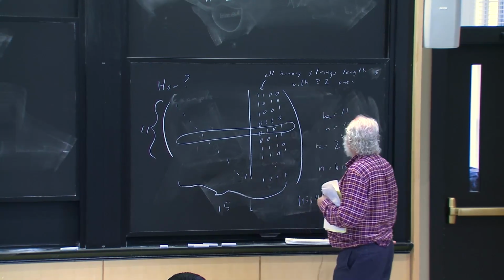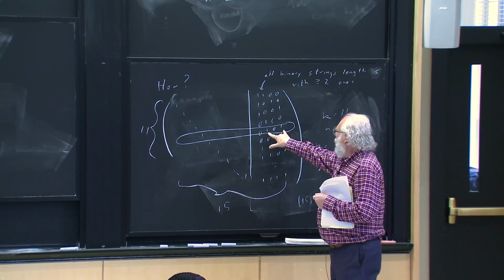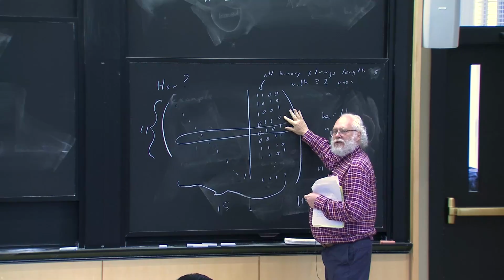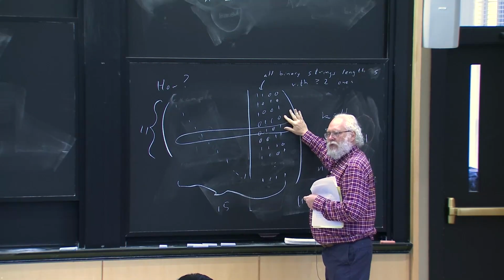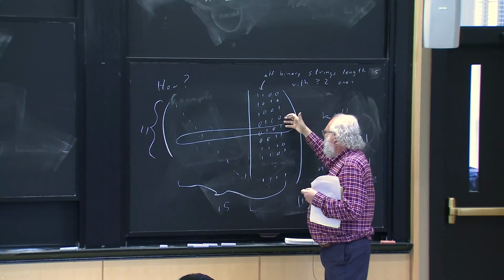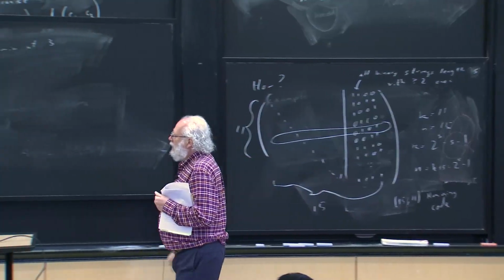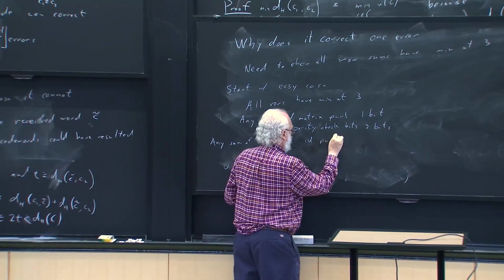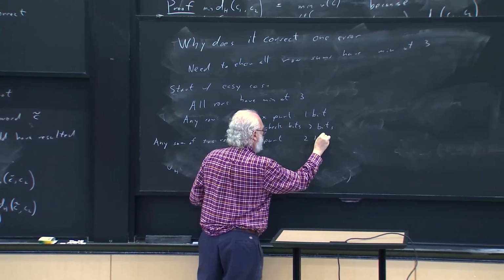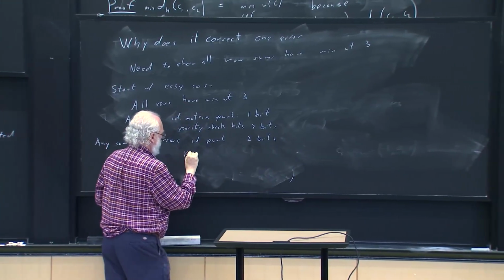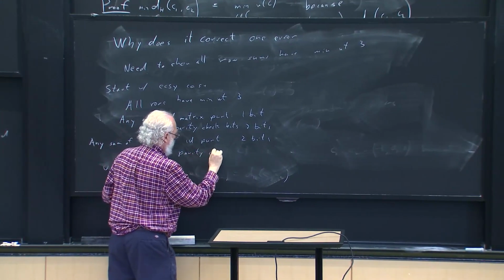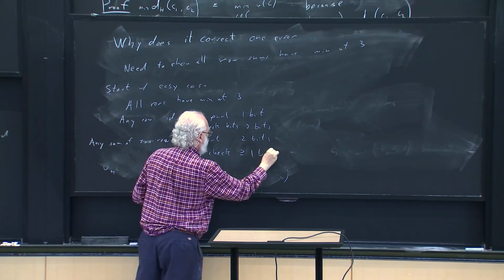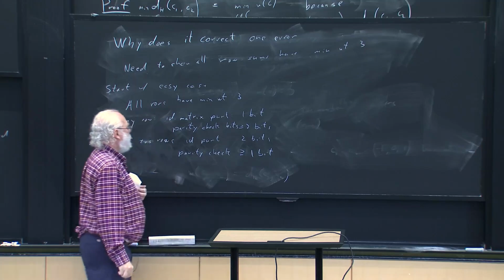But we arranged these parity check bits so that they were all different. And when you take two different strings and you sum them mod 2, you don't get 0, you get at least 1. So here, the identity matrix part has 2 bits, and the parity check has at least 1 bit. I should have said at least 2 bits there.